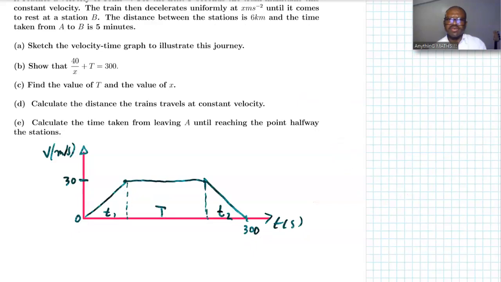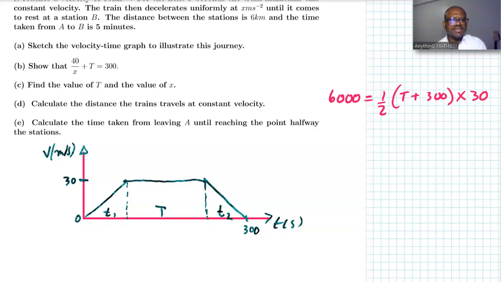Find T. We've been given the distance between the two stations, so we can write 6,000 is the same as half times (T plus 300) times 30.